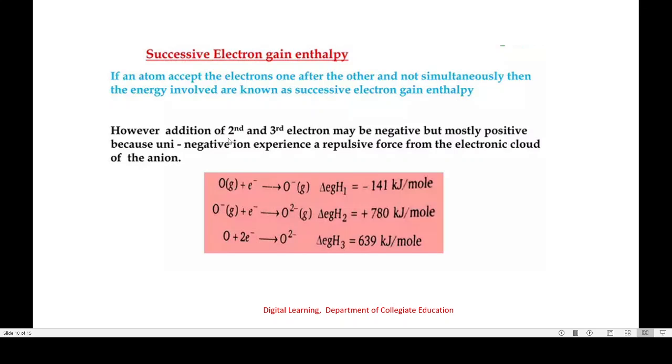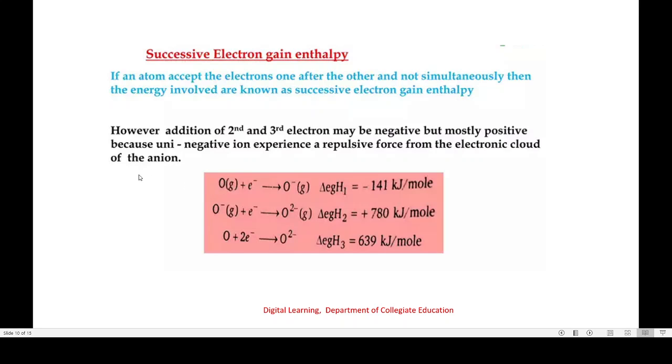However, the addition of a second and third electron may be negative but is mostly positive because the uninegative ion formed during the first addition experiences a repulsive force from the electronic cloud of the anion.